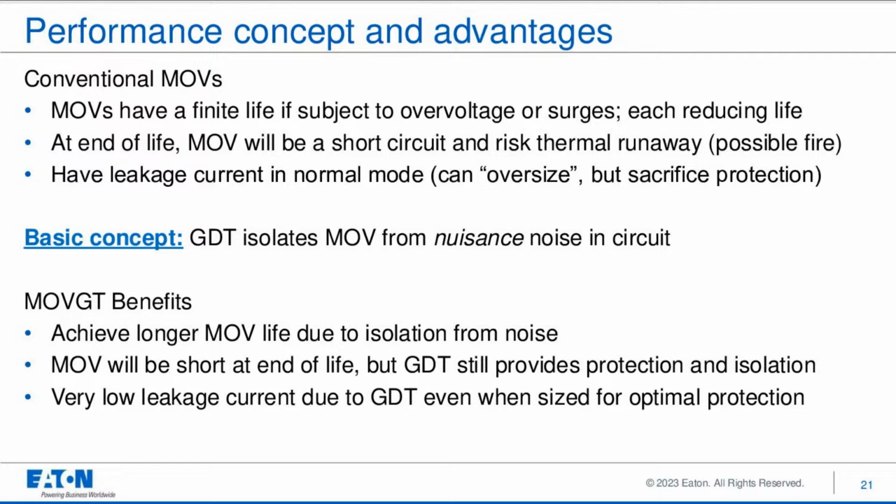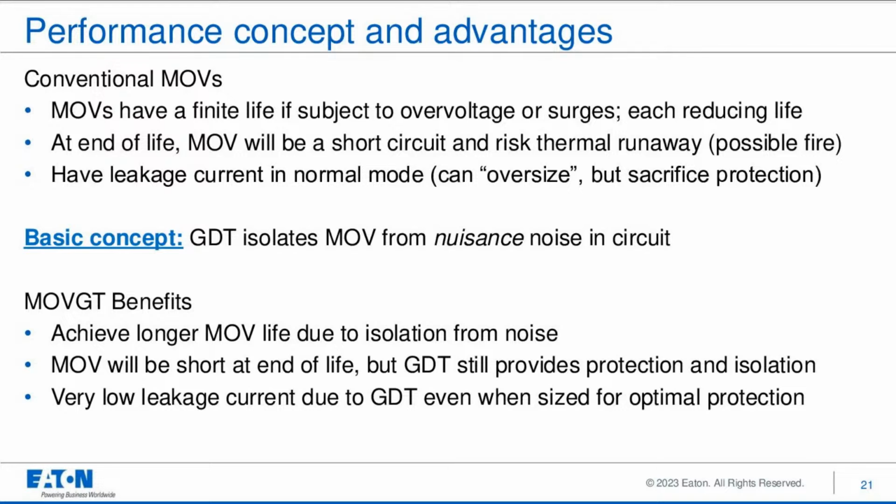Conventional MOVs need to be oversized to achieve the same result, which results in a higher clamping voltage and less protection. The inclusion of the GDT allows the MOV to be sized much closer to the operating voltage of the circuit, keeping the clamping voltage as low as possible.